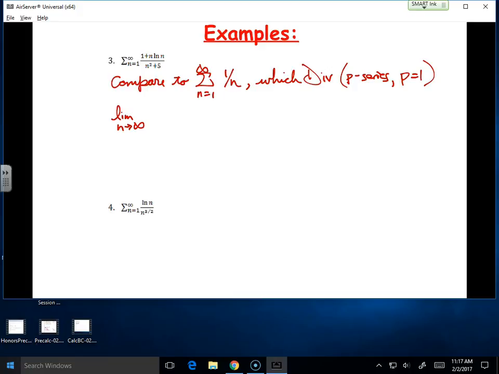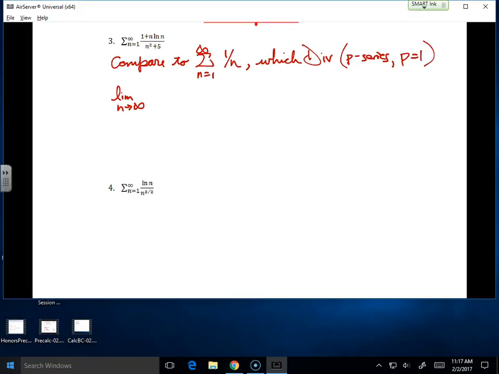The limit as n goes to infinity of our series, which was 1 plus n ln of n all over n squared plus 5, times the reciprocal. Just the limit ends up being n over 1. You get n plus n squared ln n over n squared plus 5, and you can cancel out the n squareds.